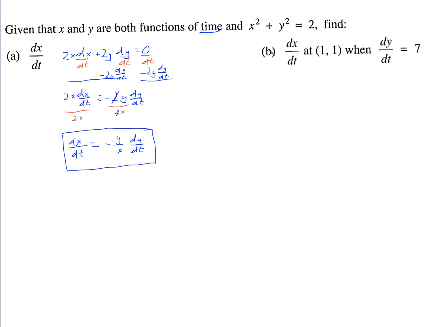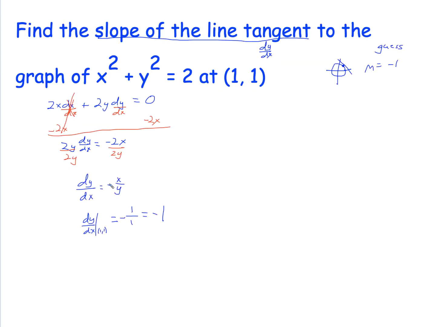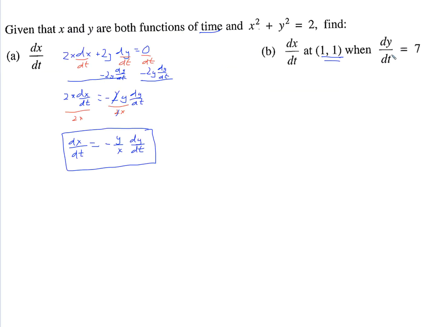Part B says you want to find dx/dt at (1, 1) when dy/dt equals 7. So notice here, when you solve for dx/dt, there's a dy/dt over here. So we found dx/dt in terms of dy/dt. And so instead of just plugging a point in like we were able to previously, where we were just able to plug in the 1, 1, we needed more information because we need to know what goes in for this dy/dt.